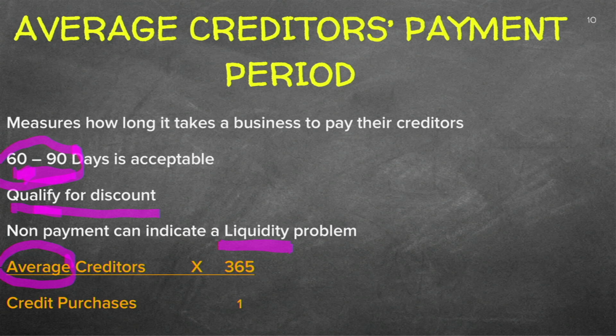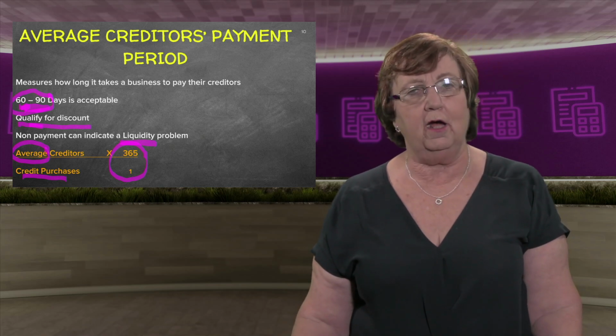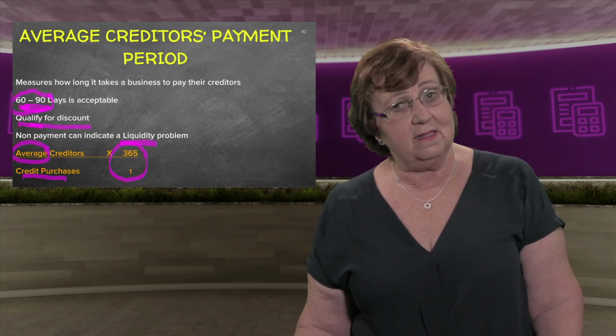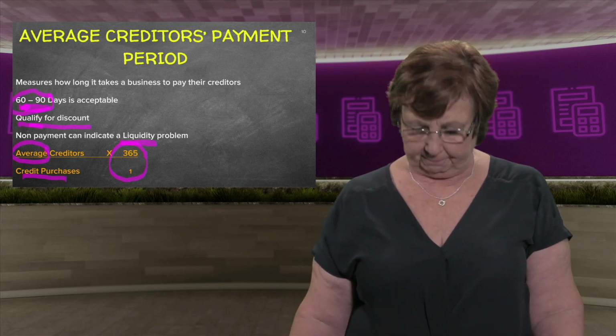Because I purchased on credit. And so I'm going to divide by credit purchases. And again, 9 times out of 10, you will be asked how many days it takes, but you are flexible enough to know that should they say months, you would simply multiply by 12/1.